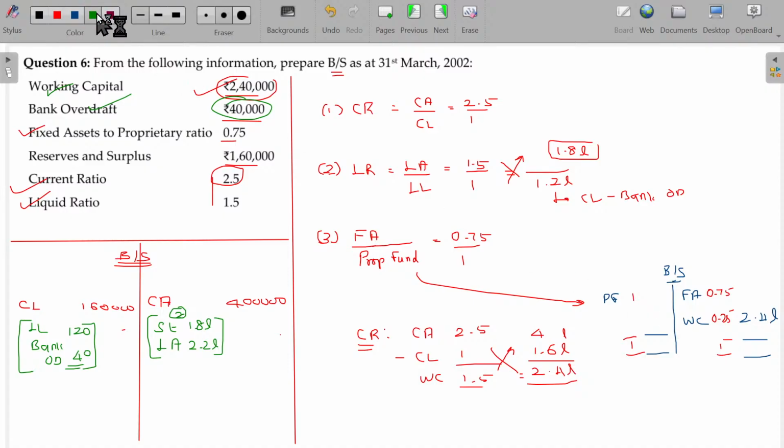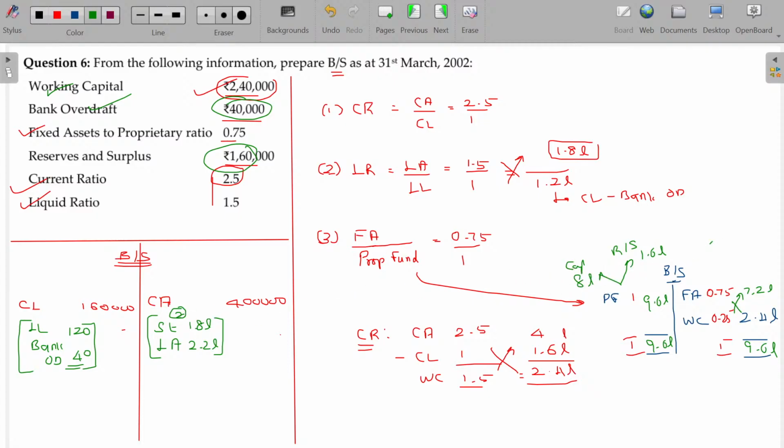The 2.4 is that 0.25 share. 3 shares should be 7.2 lakhs, which is the fixed assets, and the total being 9.6 lakhs, your proprietary fund being 9.6 lakhs. Okay, owner's fund. Proprietor fund comprises two items. One is capital, another one is accumulated reserves and surplus. Here the reserves and surplus being 1.6 lakhs and balance 8 lakhs is the capital.